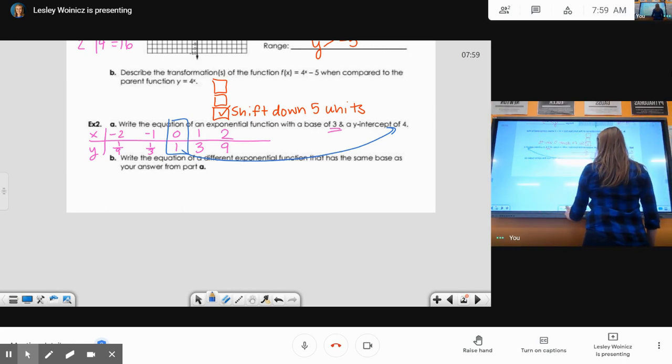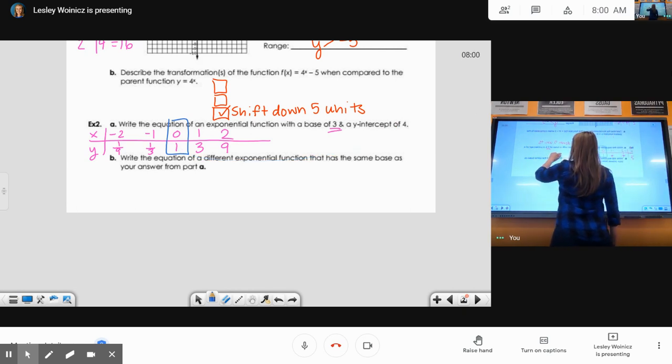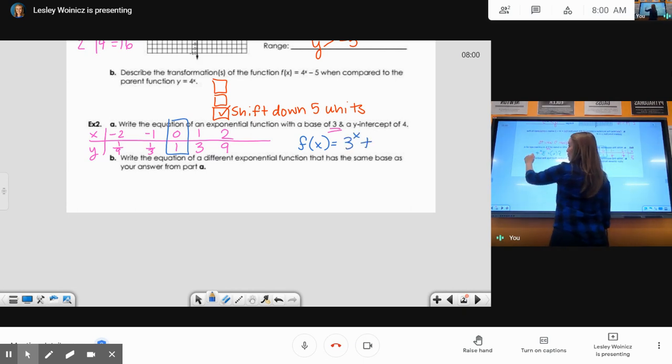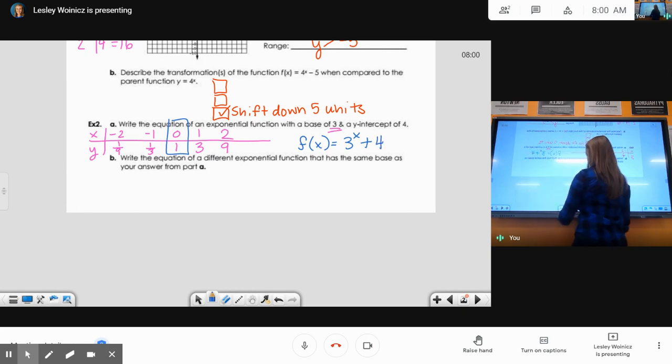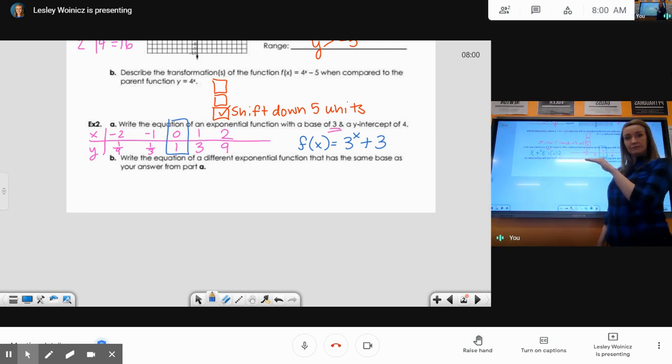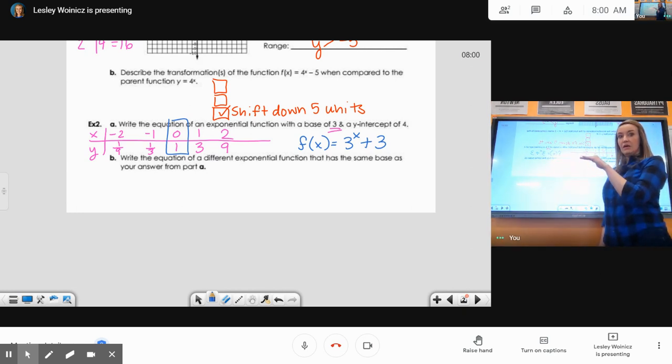So it's going to be f of x equals 3 to the x, that's the parent, but I have to add 4. Whoops, sorry, we said 3, wasn't it? We have to add 3 because it starts at 1, the y-intercept, and it goes up 3 more to go to 4.